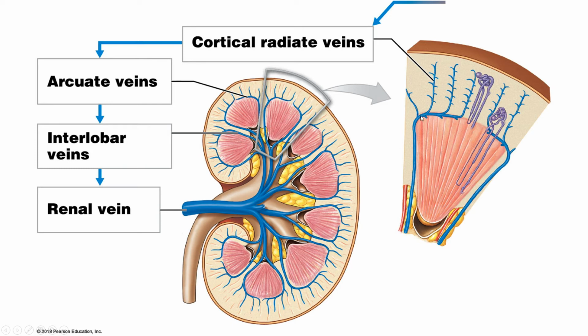And the arcuate vein is also going to border the cortex and the medulla, and is going to go into these interlobar veins. And the interlobar veins are going to all combine to form the renal vein. Okay? Notice that there is an absence of a segmental artery. So the purpose of a segmental artery is actually to dissipate all of that pressure that is coming from the renal artery. And of course, this renal vein is going to drain directly into the inferior vena cava.